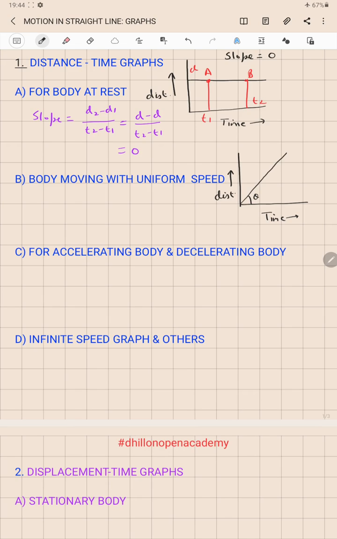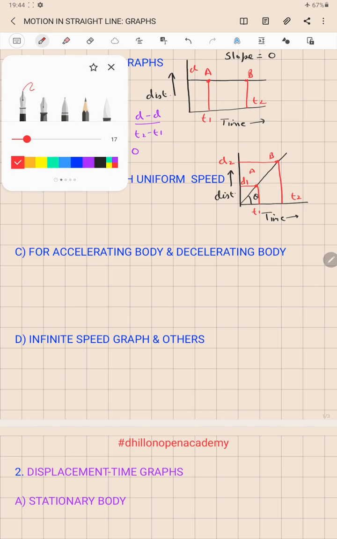So in this case, if you want to find out the slope, you have to select any 2 points A and B on the graph, drop perpendiculars on both the axes and note down the value of the distance d1 and time t1. Similarly, from point B, drop the perpendiculars on both the axes, and note down the values of time and distance.